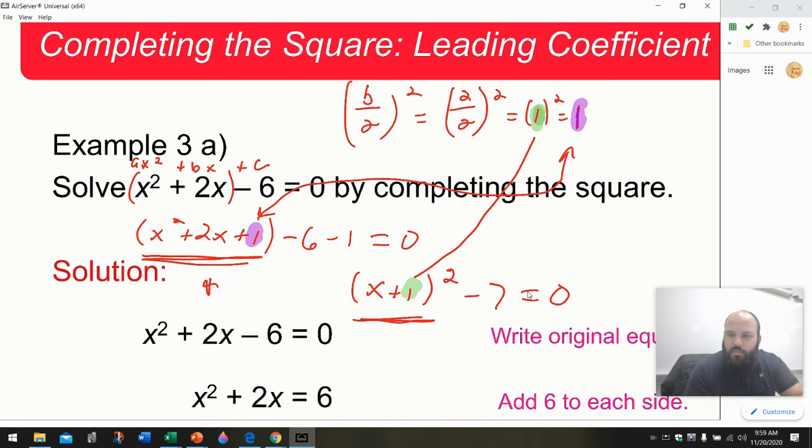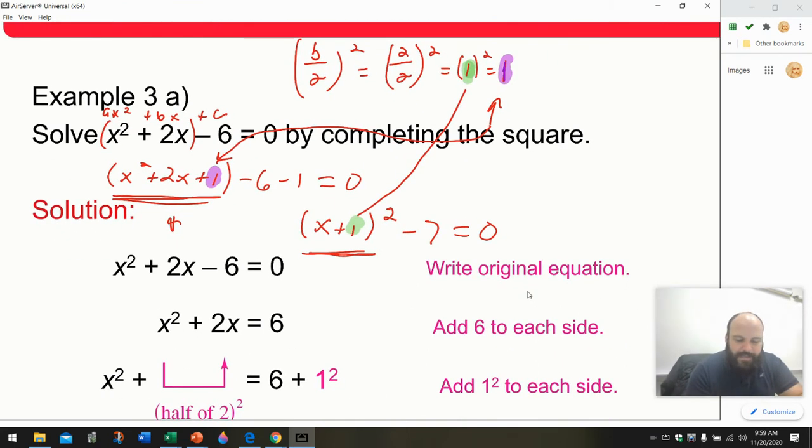And now from here, we have something that we can solve, right? So now that it's rewritten as x plus 1, the quantity squared, minus 7 equals 0, I can simply take this thing and add 7 to both sides. And I'll be left with x plus 1, the quantity squared, equals 7.